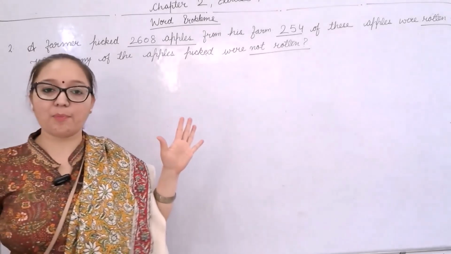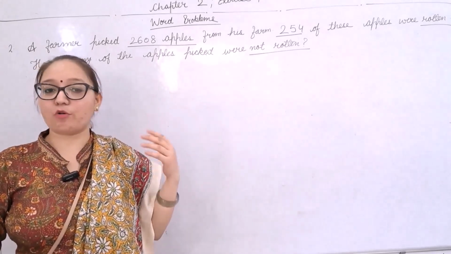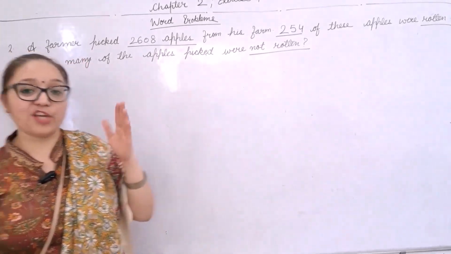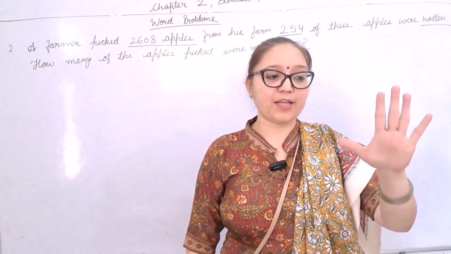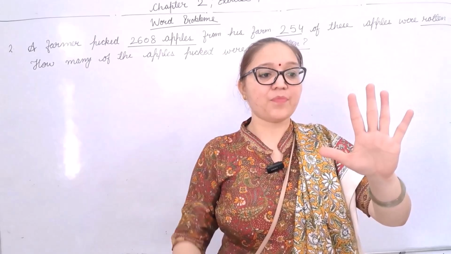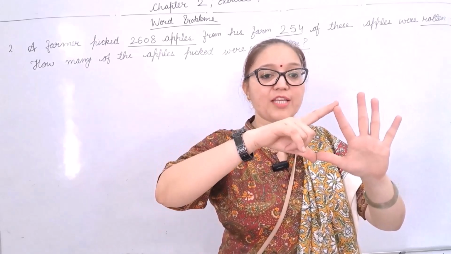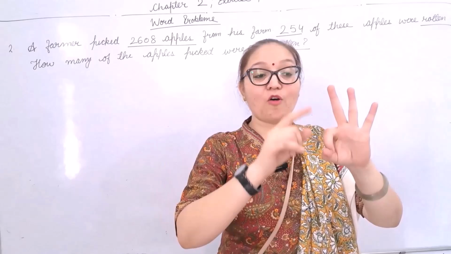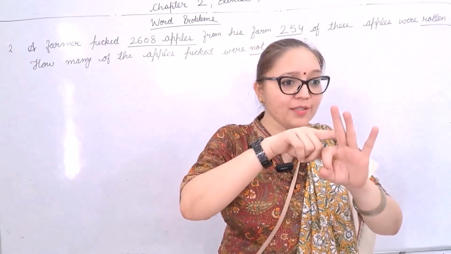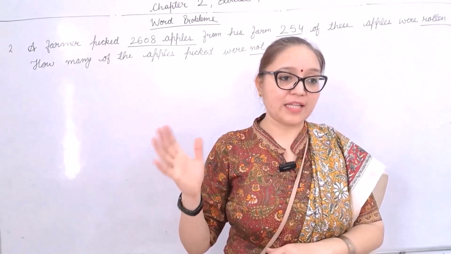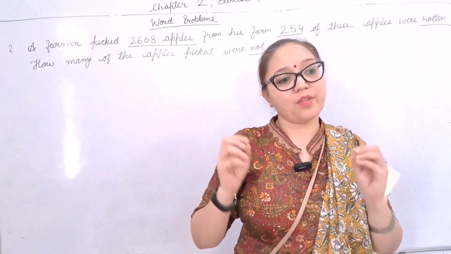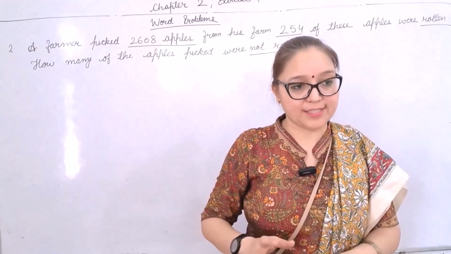He had total apples and some were rotten, and we have to tell how many were not rotten. For example, I have 5 apples and 2 are rotten. How many are not rotten? 3. So here the number is big enough. That's it. Otherwise, the way we will solve it remains the same.